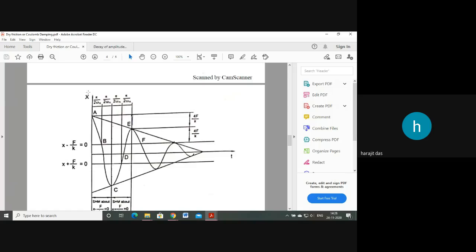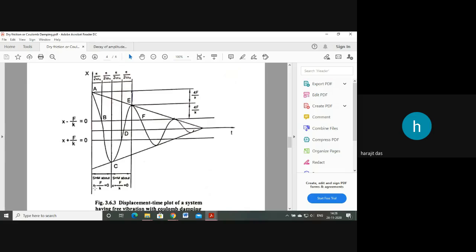This is the x displacement axis. This is the x plus f by k line, and this is the x minus f by k line. Wherever there is decrement with x, it will be on the upper side of this mean line, because this is the x equals 0 line, the mean or equilibrium line.